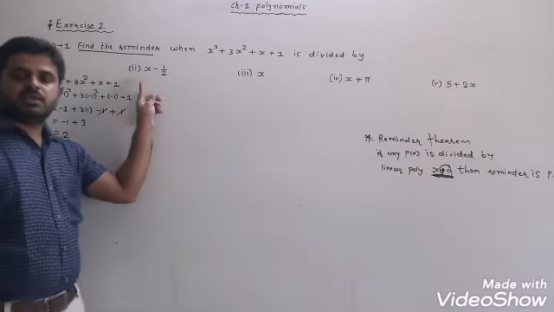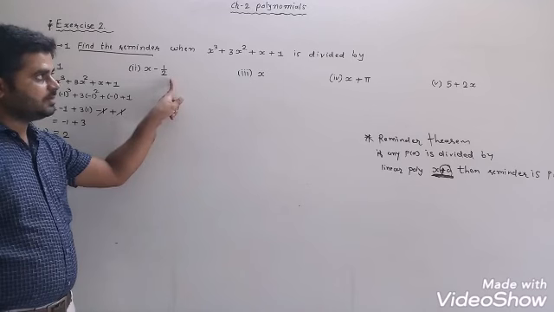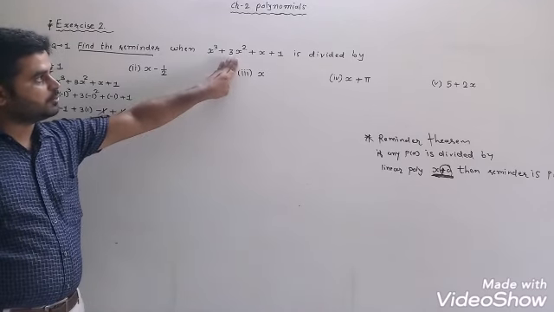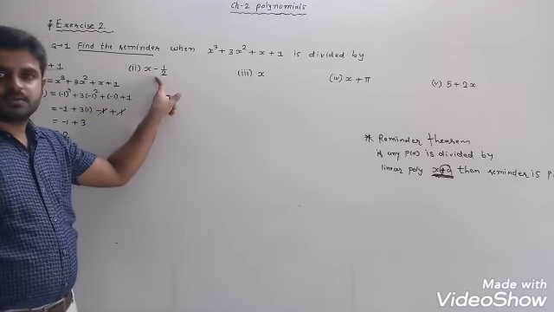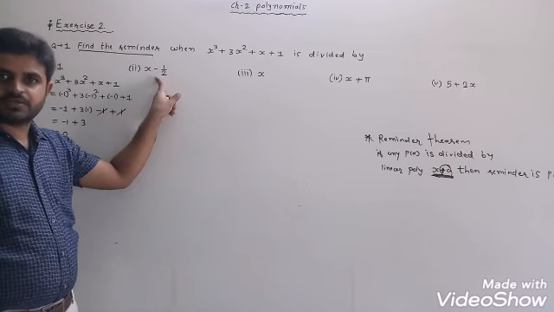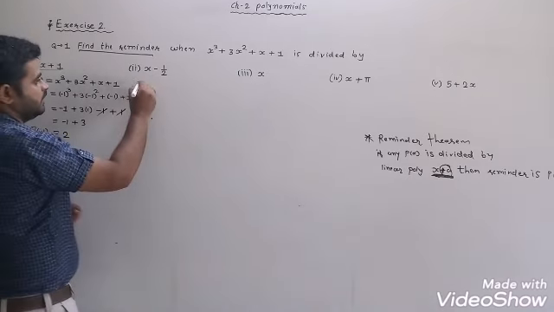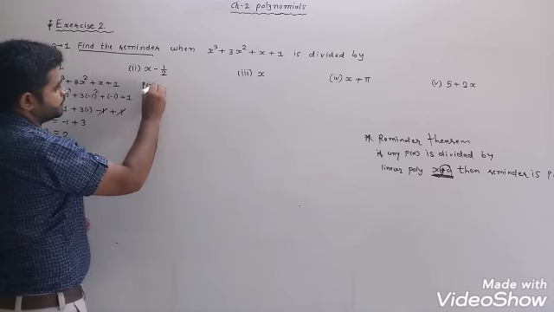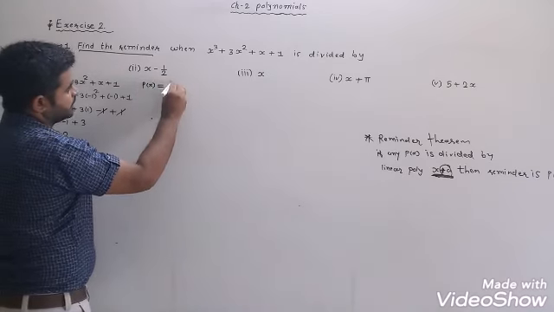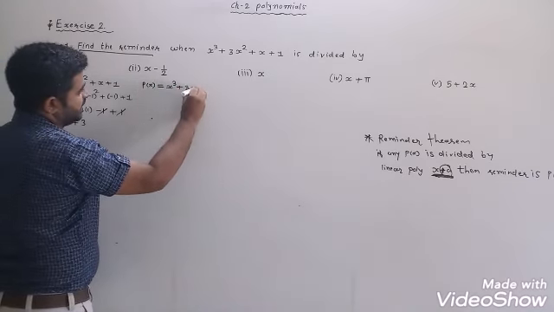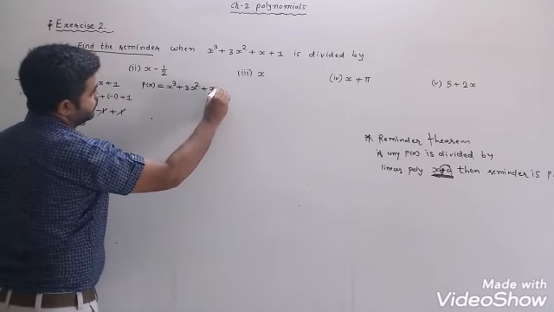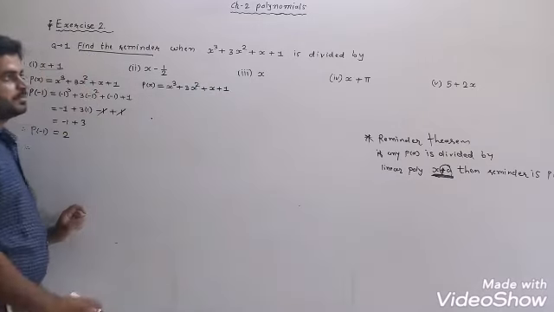Next question, x minus 1 by 2. We have to divide this polynomial by x minus 1 by 2. First of all, p of x is equal to x cube plus 3x square plus x plus 1.